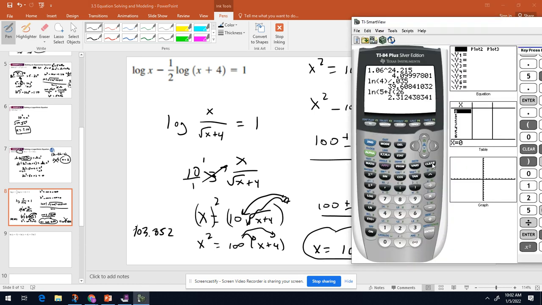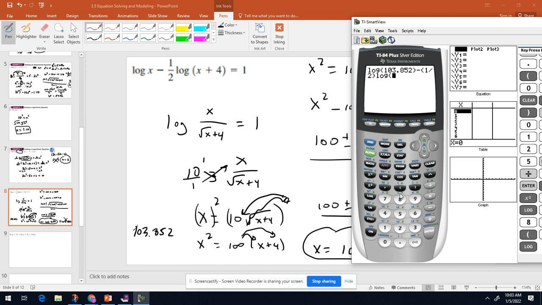So if I went back to my calculator and I plugged in log of 103.852 and I subtracted 1/2 log of 103.852 plus 4 and close that off, and I hit equals, it gets me really close to that 1.